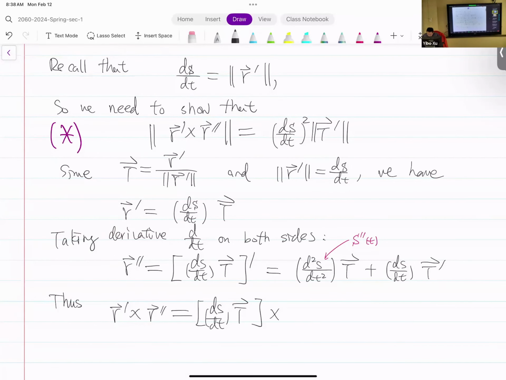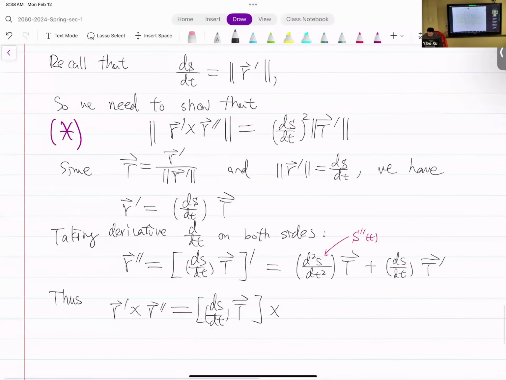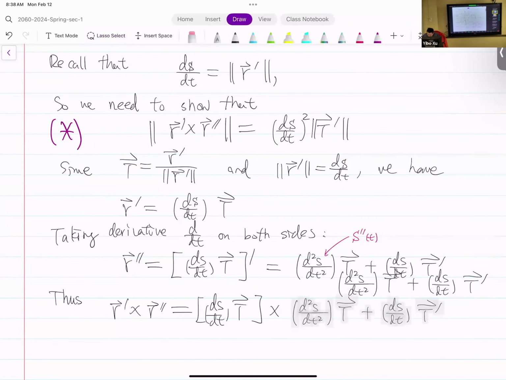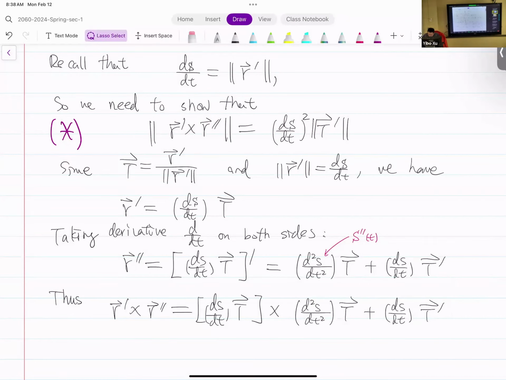We want to cross with this vector here. Here is a sum in the second part of the cross, right? And this is something we can distribute. So this is a cross with the first vector plus the cross with the second vector.